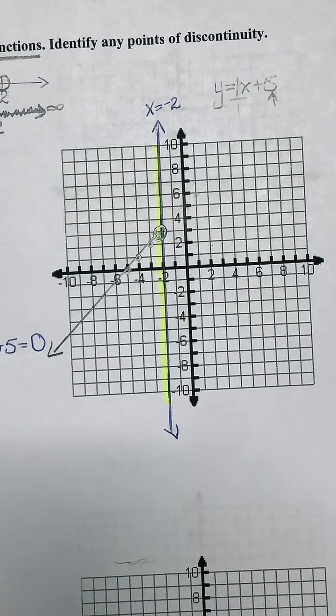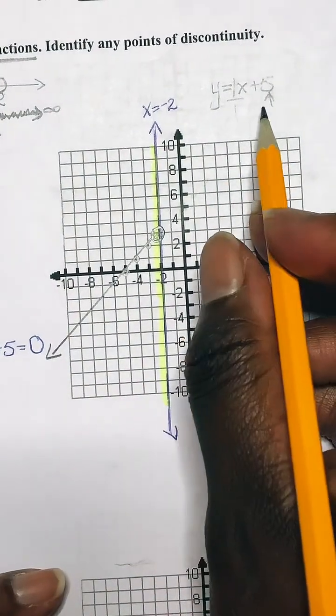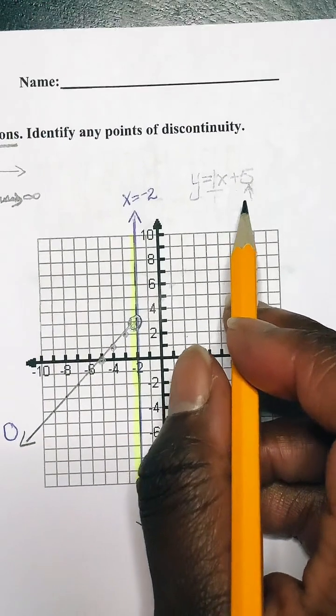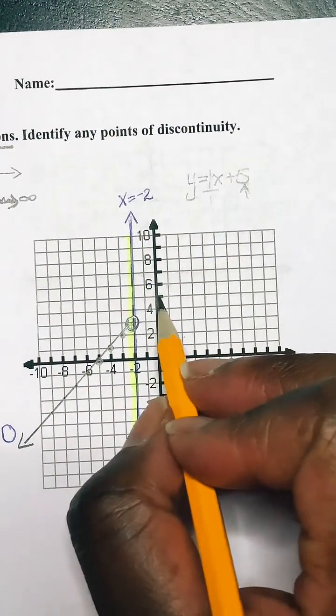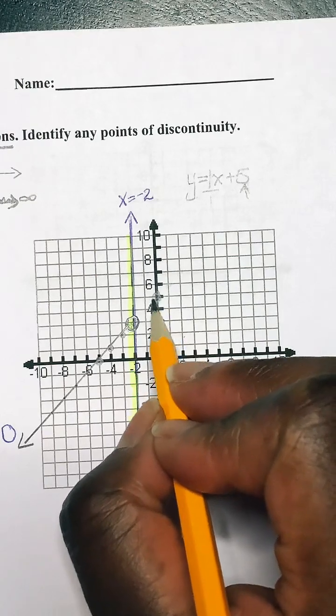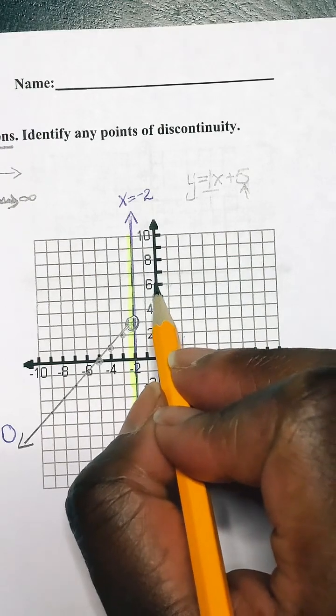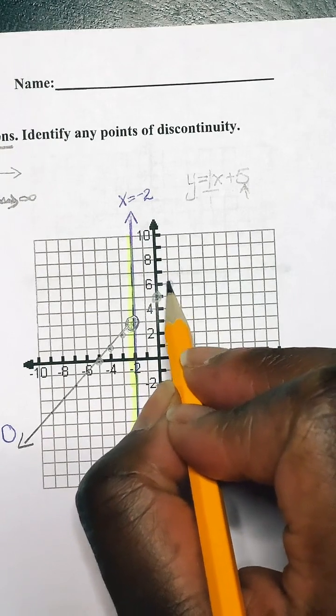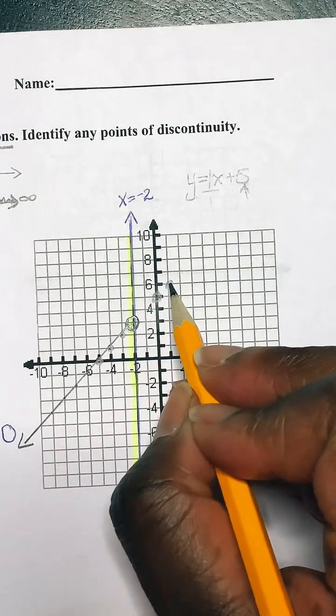Let me see if I understand correctly. So the y-intercept originally was +5, which was right here. And my slope had me going up 1 to the right 1, which should be at 1, 6.